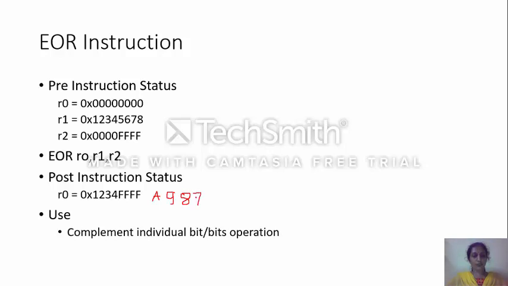This should be the actual answer: 1 2 3 4 A987. So it is actually used to complement individual bits or a number of bits of the given register. So for that XOR instruction is used.